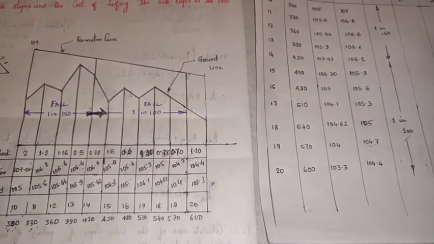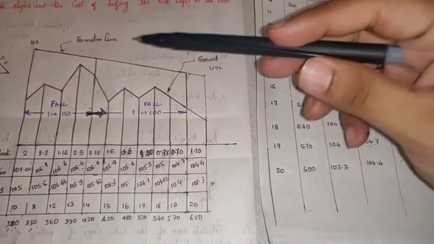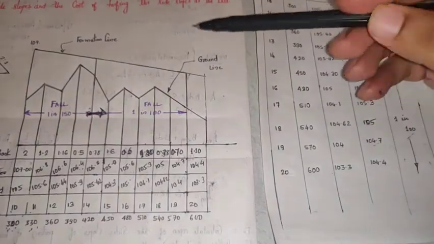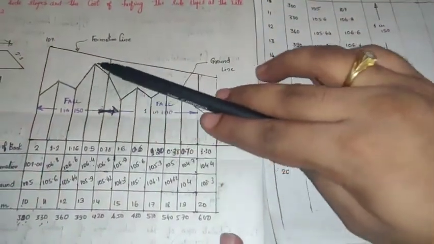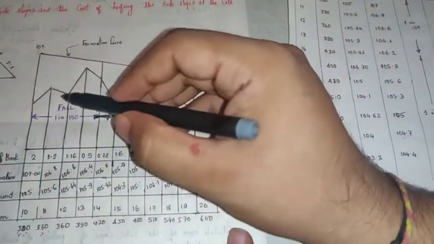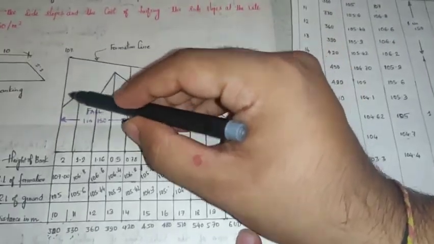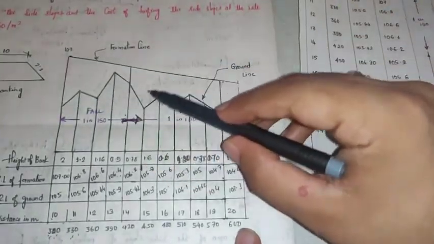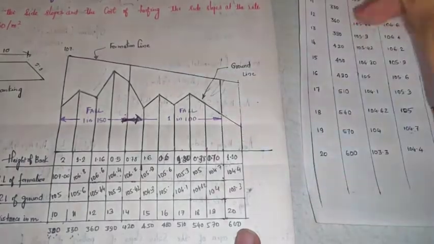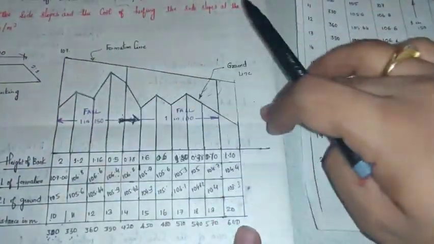Now if you look at the profile here, do you find any cutting required? No, because the formation level is well above the ground level. So all this part has to be filled. Now banking means this is your actual ground level, and you have to fill the soil here to achieve the required formation level. So this much soil is to be filled.